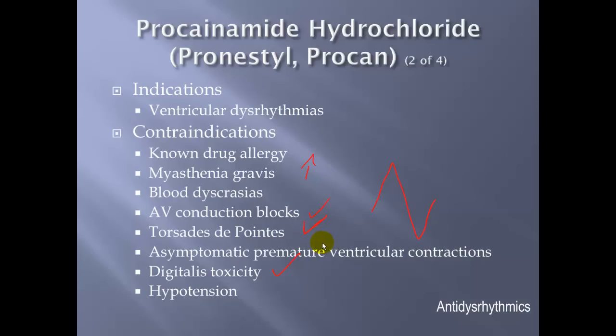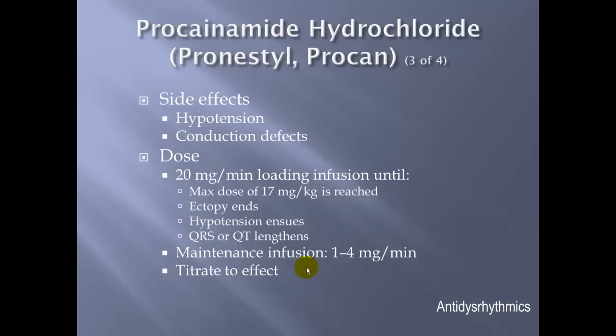The heart feels that it needs to find another pacemaker site, so it finds many pacemaker sites. Another word for torsades is polymorphic VTAC. Dig toxicity will widen things out, and then we'll find alternate pacemaker sites as well. Side effects: hypotension and conduction defects.